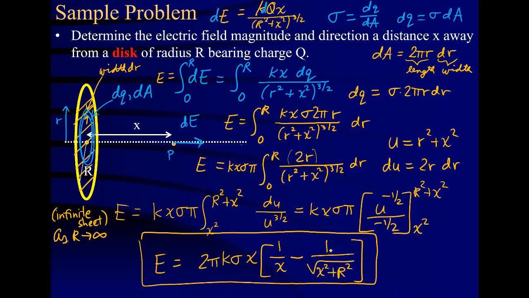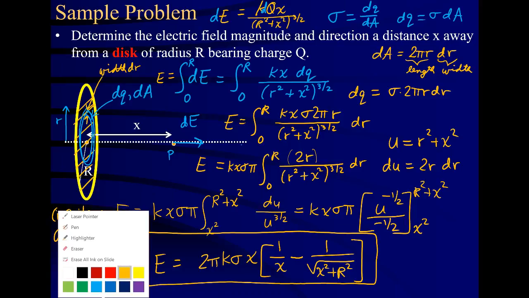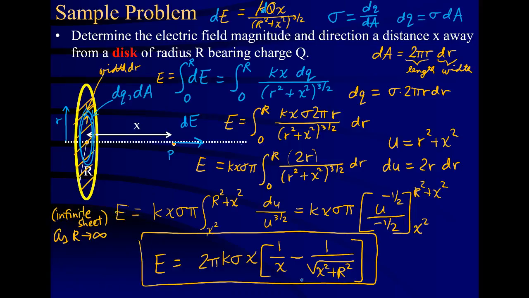Well, basically, the 1 over root x squared plus R squared goes to 0. And I'm just going to lightly show that by just canceling that out. And that means that the electric field for an infinite sheet is going to be 2 pi k sigma.